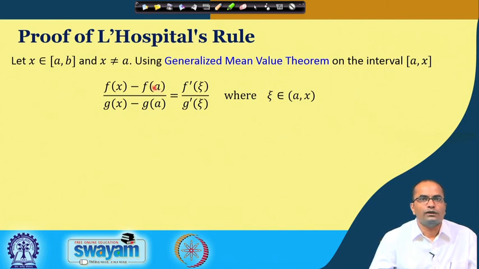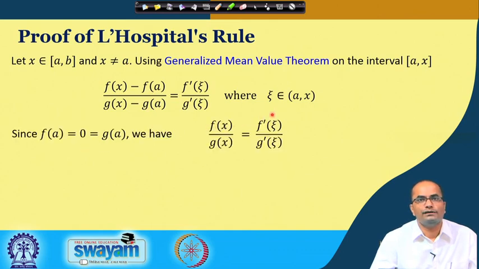We know that the value of both functions at a is 0. So, the left hand side becomes f x over g x. So, f x over g x is equal to f prime xi over g prime xi, and xi belongs to the interval a to x.